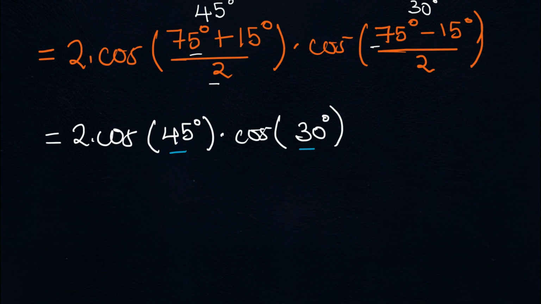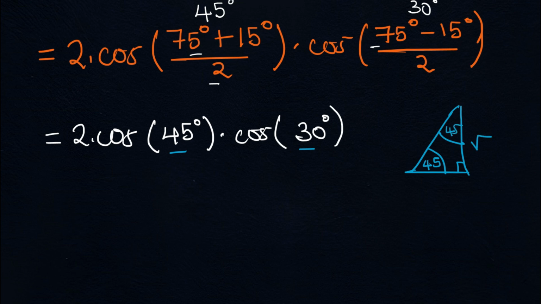As you can see, we've got our 45 degrees and 30 degrees, and these are angles that we can find in the special right-angled triangles. So let us just draw the special right-angled triangles that we have, starting with 45 degrees. If this is 90, this is going to be 45, and this is also going to be 45 degrees.